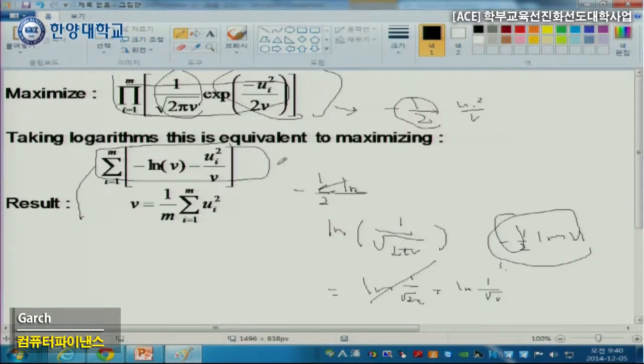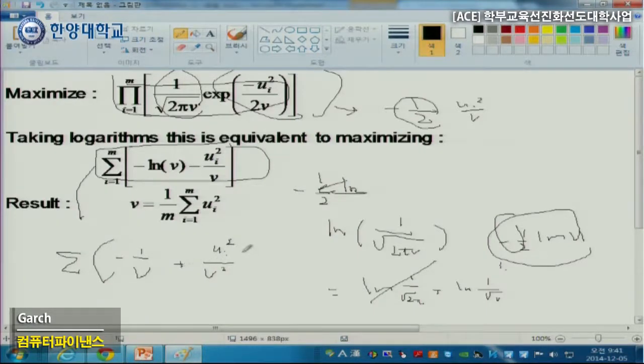So okay, then let's calculate this v. Then again, we take the derivative. If we take the derivative, then we have a summation, and the derivative of this one is 1 over v. And then if we take the derivative of this one, well, it is a bit complicated, okay? But it is minus 1, so it is actually v square, and then y_i square.